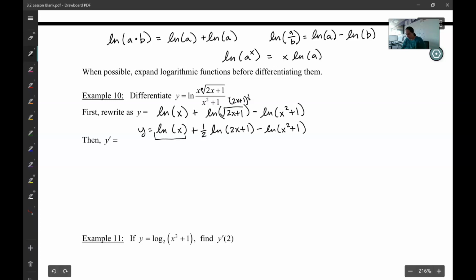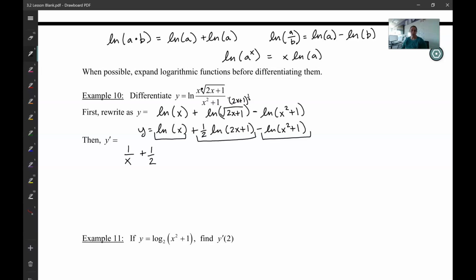So when I take the derivative over addition, I just take it one step at a time. So derivative of ln of x is 1 over x. The 1/2 I can keep out, and then I take the derivative of ln of 2x plus 1.